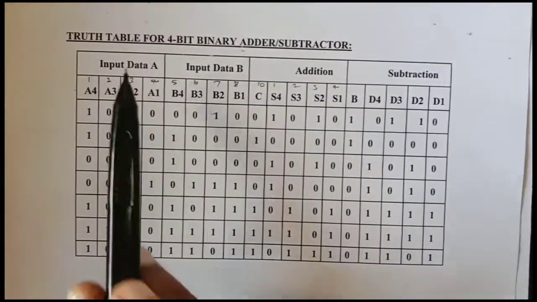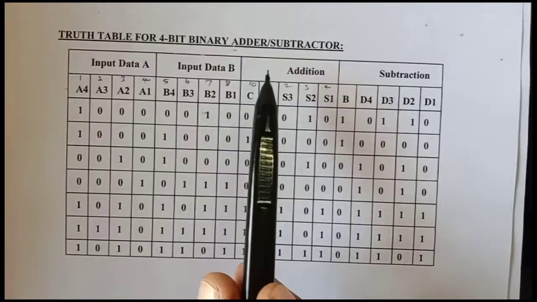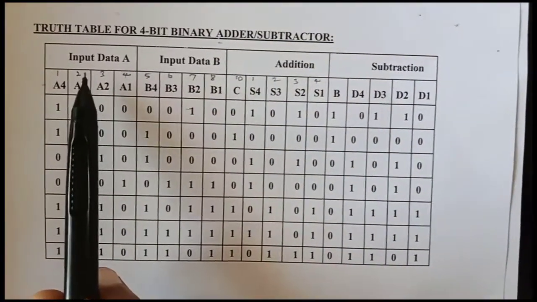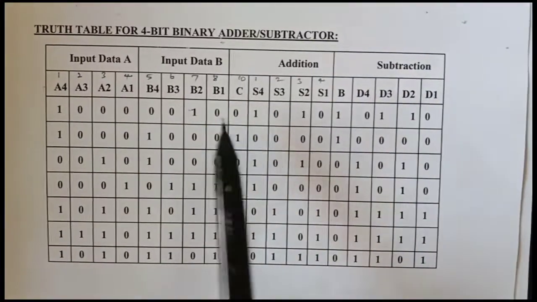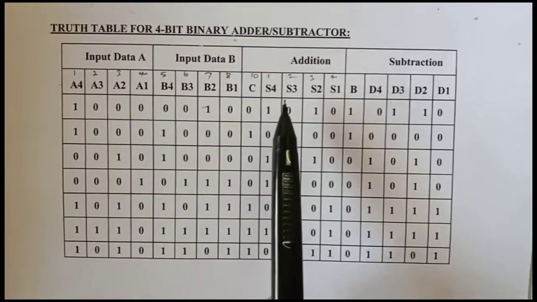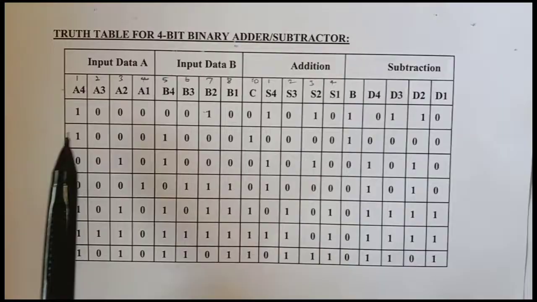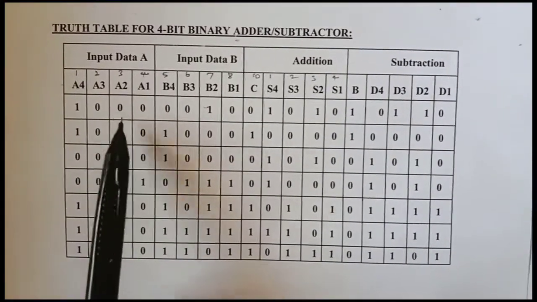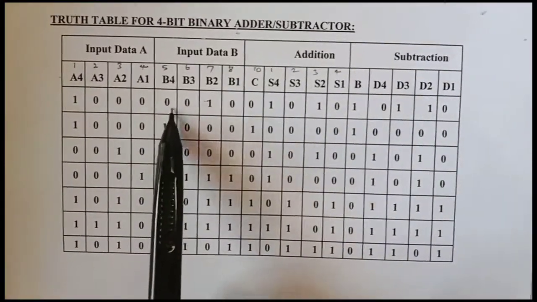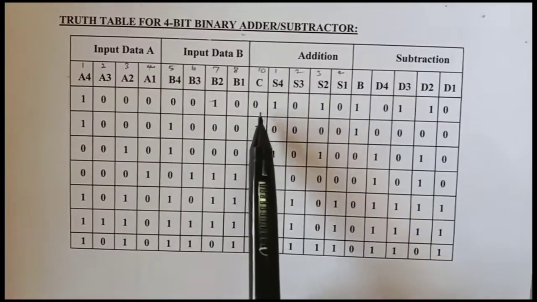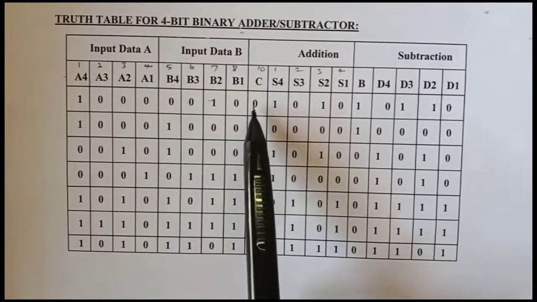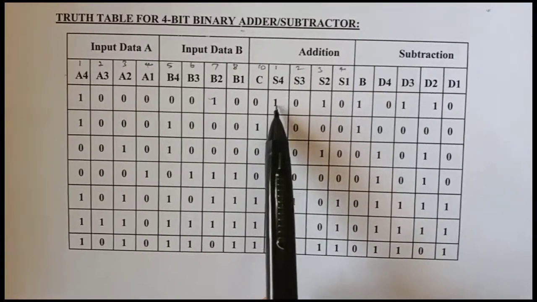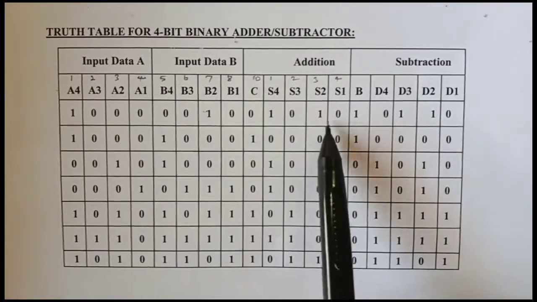This is the truth table for the 4-bit binary adder. Input A and input B are both 4-bit, and the addition gives a 4-bit sum value and 1 carry. If you give the input 1 0 0 0 and 0 0 1 0, the carry will be 0, S4 is equal to 1, S3 equal to 0, S2 equal to 1.